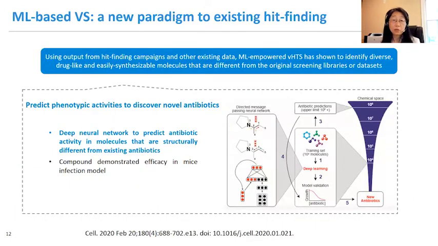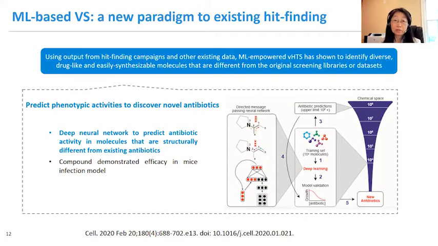In this seminal paper, the group of scientists at MIT took on the endeavor of identifying novel antibiotic agents using the existing data that were designed for the screening campaign, as well as other sources.